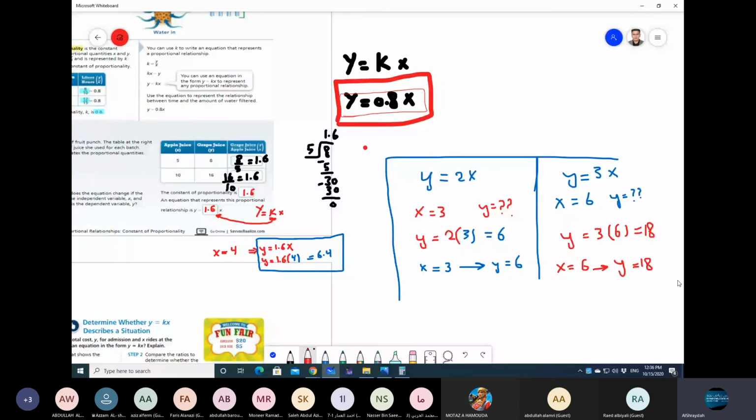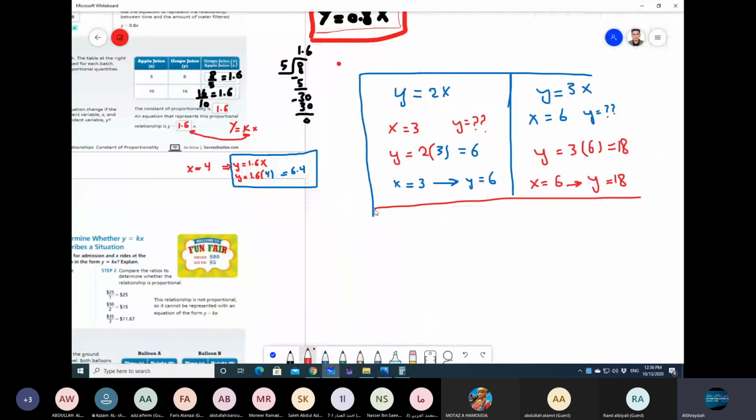Do you understand it? What if I told you, it's a very important note, that y equals 5x, and I told you that y equals 25.